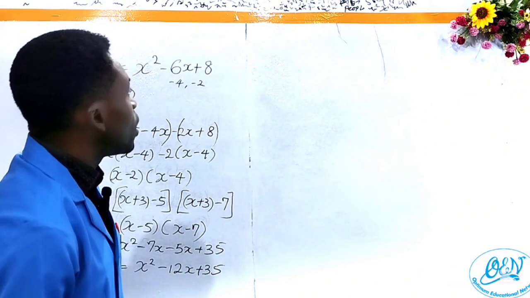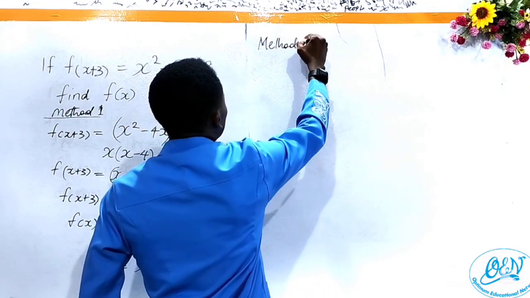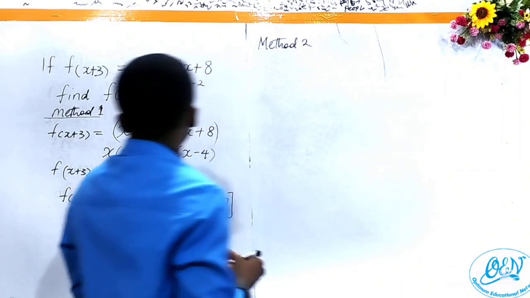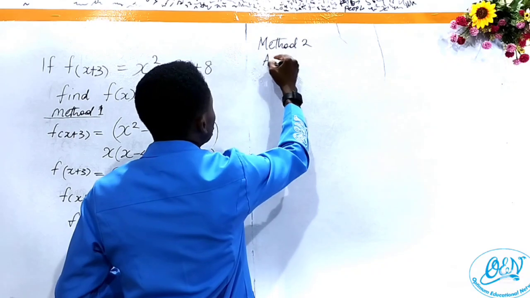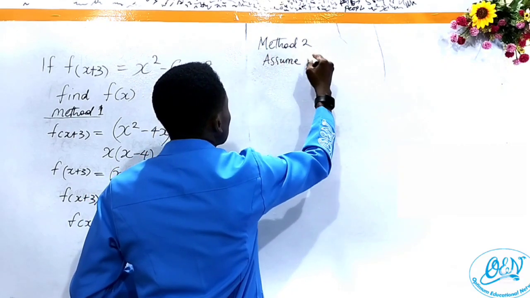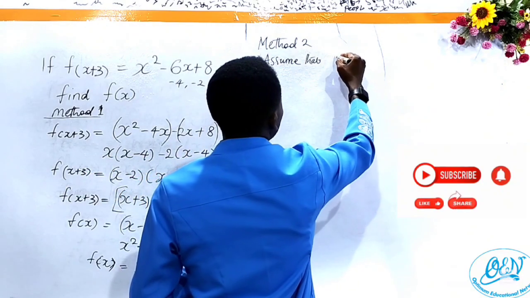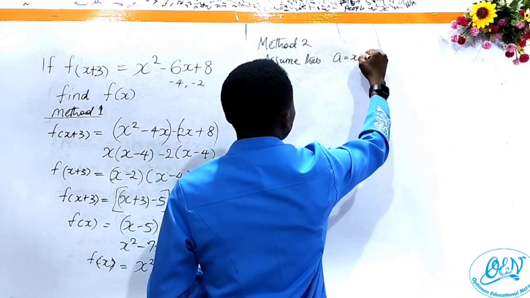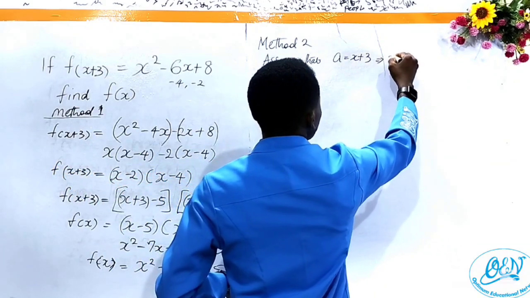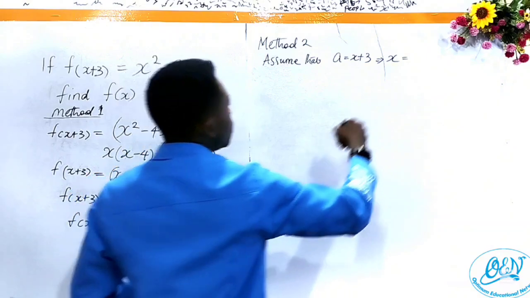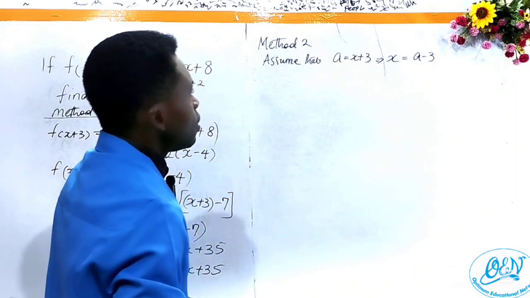So now let's try method 2. For method 2, let's assume that a is equal to x plus 3. Now this means that x itself will be a minus 3, if 3 comes over to the other side, right?